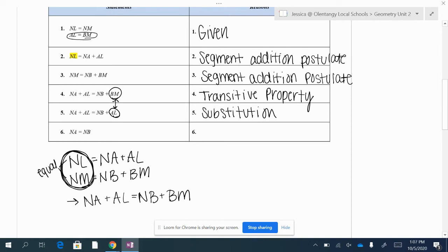And then now that I have AL on both sides, okay, I could subtract AL from both sides, and I am just left with AN and NB. So that is going to be the subtraction property of equality there. And then we are finished.